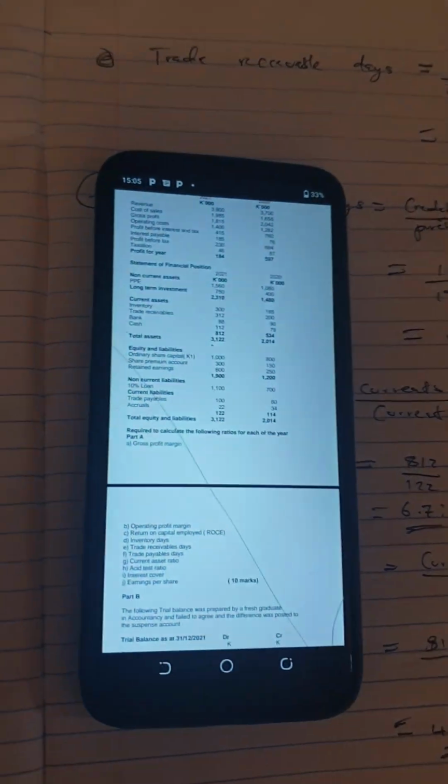Next we are going to the last two ratios, which are interest cover and earnings per share. So for interest cover, this is I. Interest cover is simply profit before interest and tax divided by interest itself.